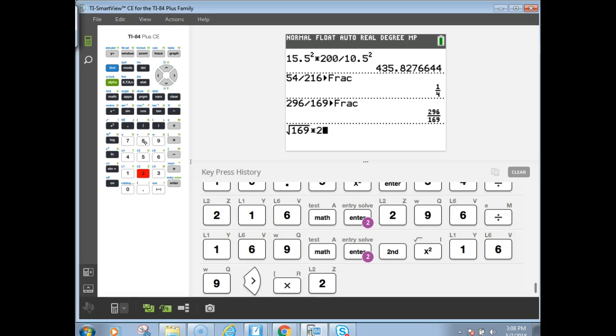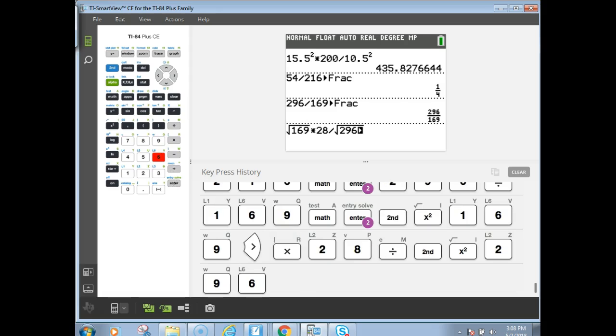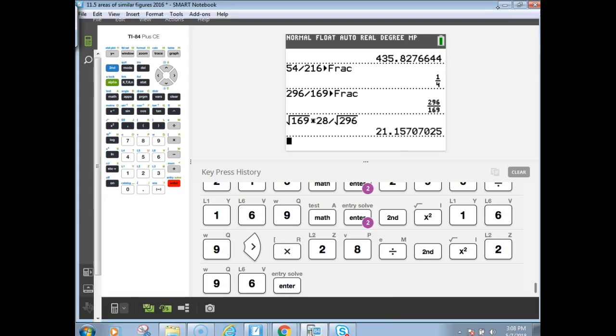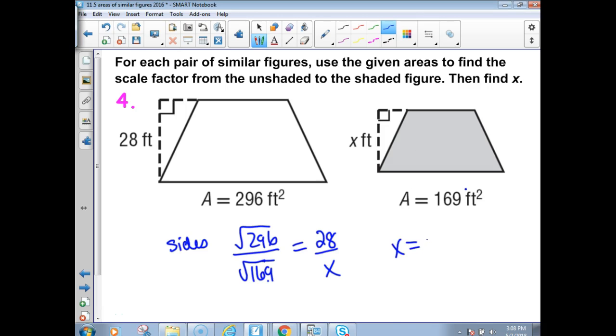Okay. Now we want to divide that by the square root of 296. So you can just type this all in at once, and we're going to get a decimal that's not all that nice. 21.2 is the answer to the missing side, and it is in feet.